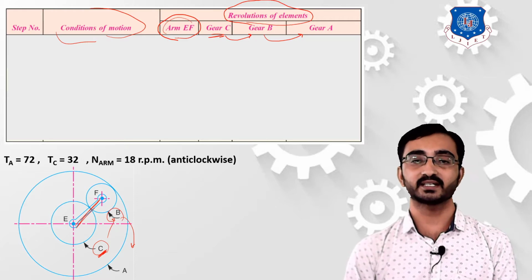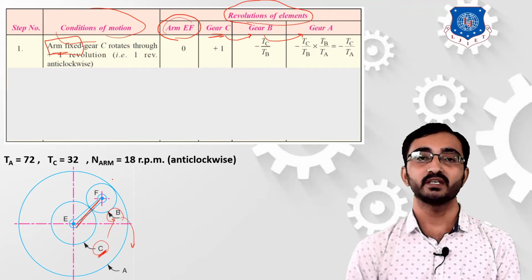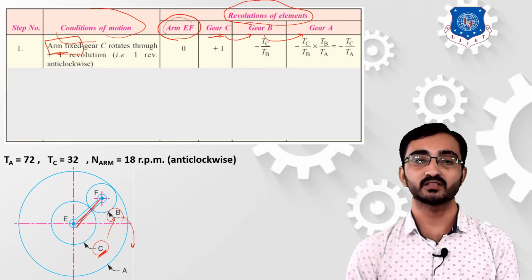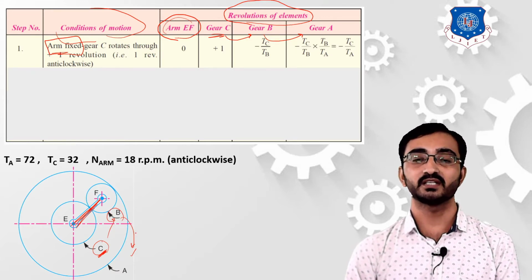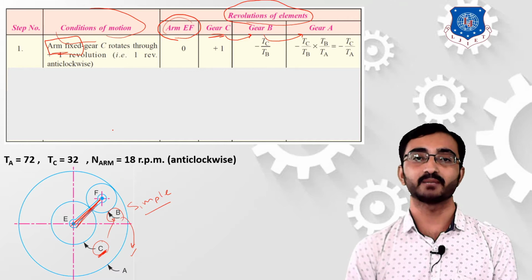Okay, now let's consider the first condition where the arm is fixed. Okay, so we have to fix our arm in each and every epicyclic gear train. So when we fix this arm, all the gears, that is gear B, gear C and gear A, can be treated as a simple gear train. Okay, so that's why we will always fix our arm in this assembly.